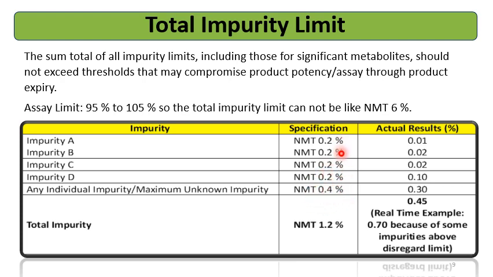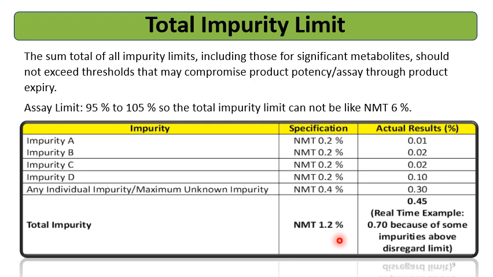So as per the guideline, the total impurity limit should not exceed the summation of all these individual impurity specification limits. So 0.2 plus 0.2 plus 0.2 plus 0.2 plus 0.4 becomes 1.2%. And here this 1.2% is not affecting the assay value or potency value.